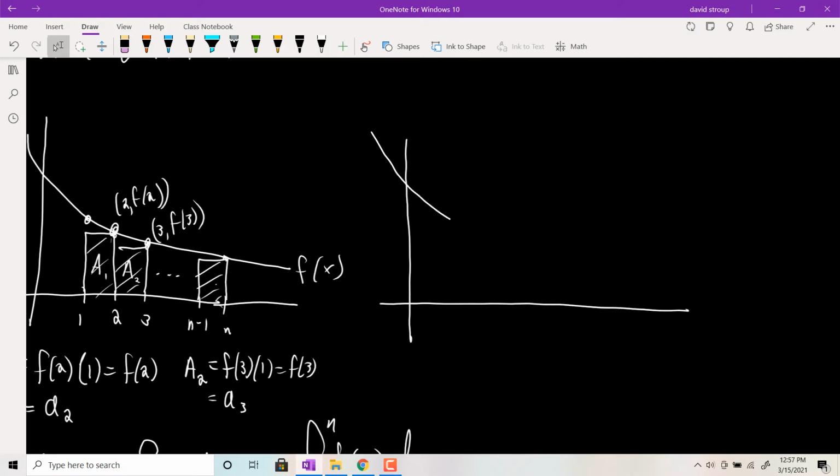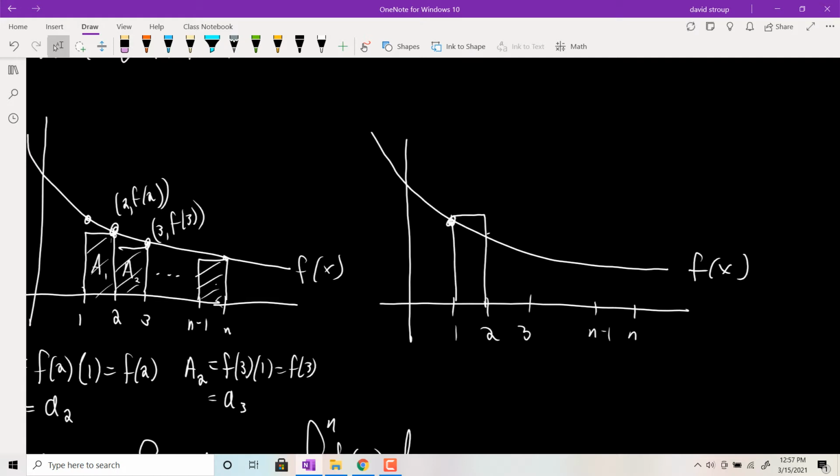So if you have our f of x function, the same function, and then 1, 2, 3, you don't need a lot of them, and then all the way up to n minus 1, and then n. This time we're going to use the left-hand endpoints, and you see the rectangles will go out above the curve. So the area of these rectangles, when you add them up, is going to be greater than the integral.